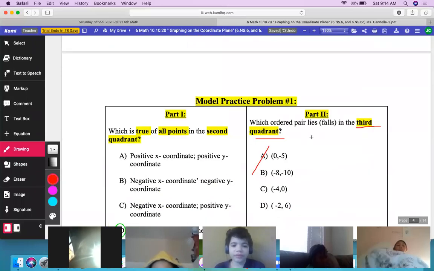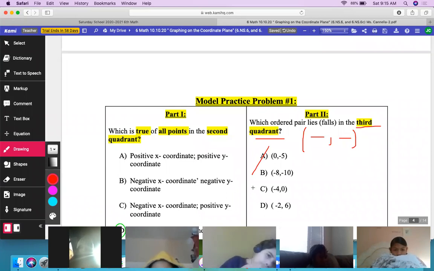Look at B, C, and D. So B says -8, -10. Is that negative? Yeah. So there's your answer, sir.